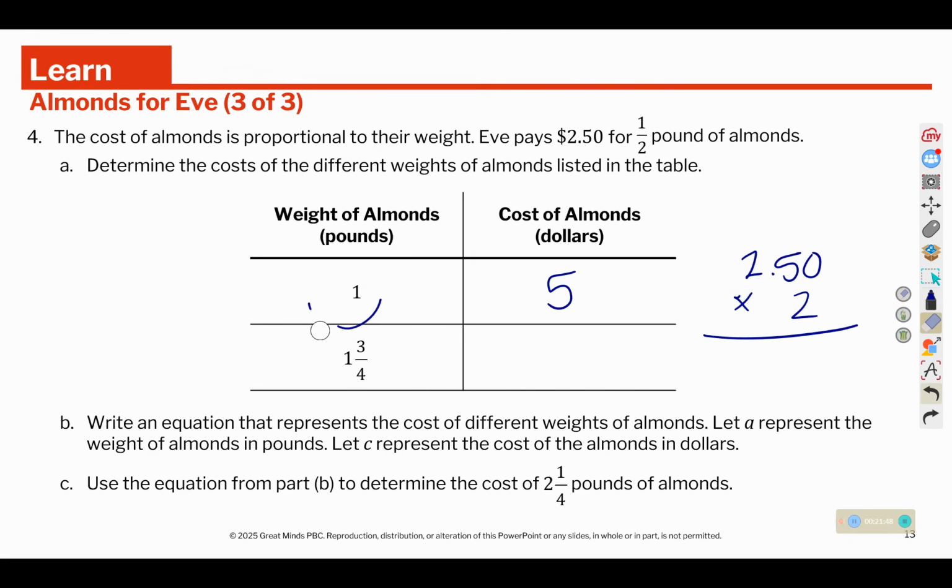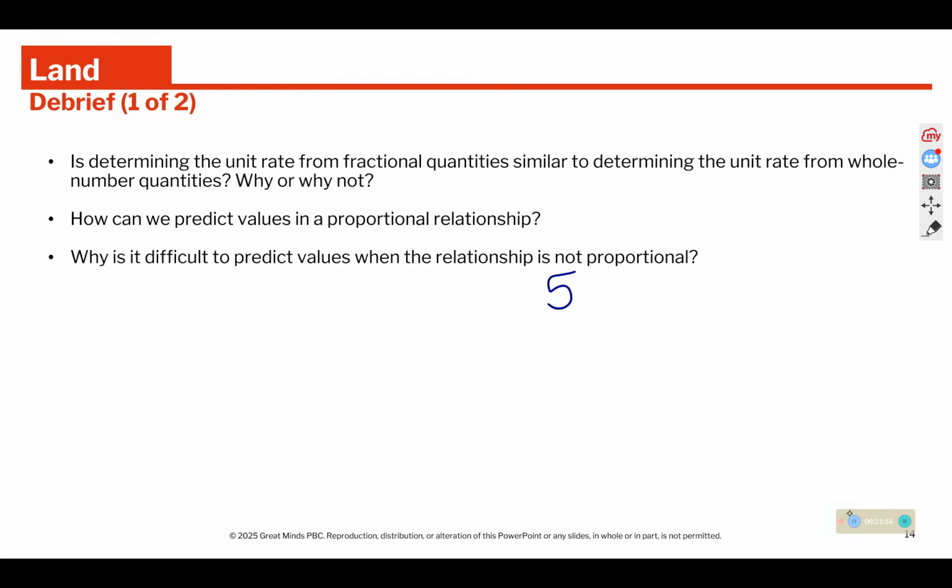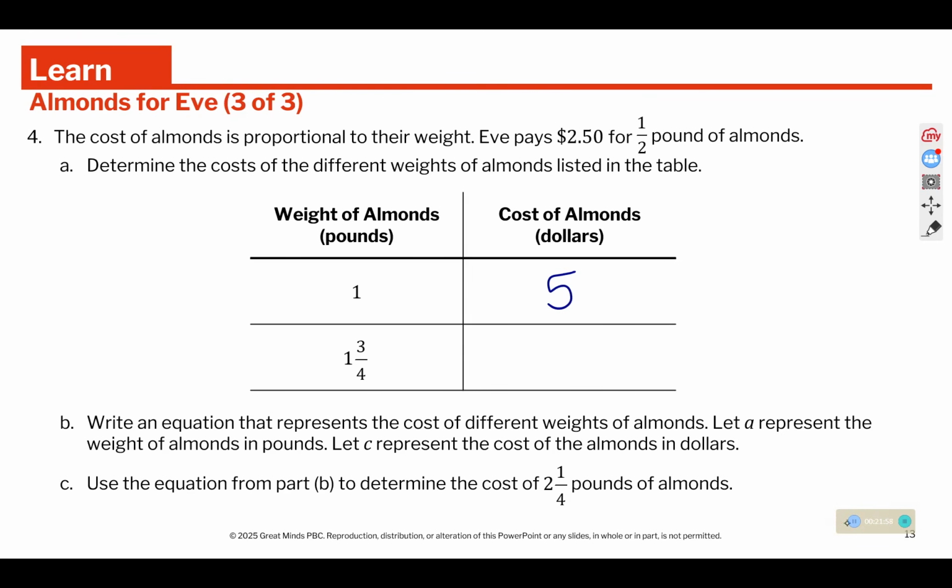That's for 1 pound. Now we need to figure out how much she would pay for 1 3/4 pounds. Well, 1 3/4 can be rewritten as 1 times 4 is 4, plus 3 more makes 7/4.